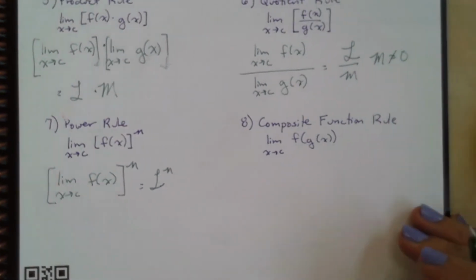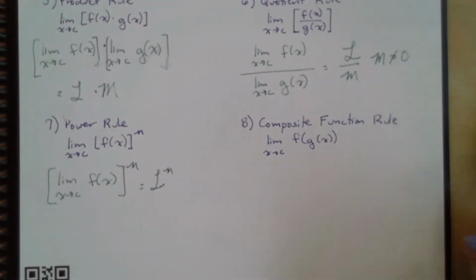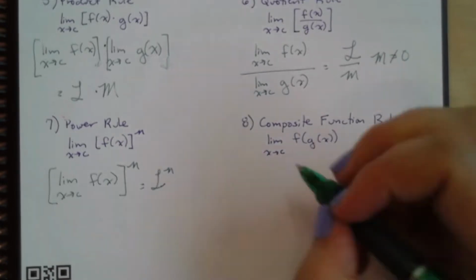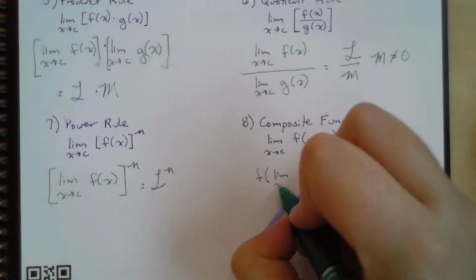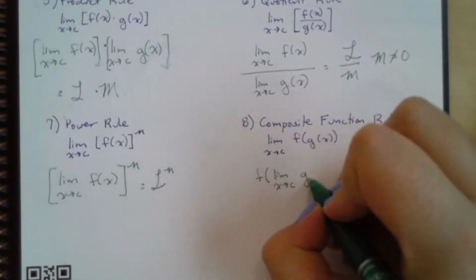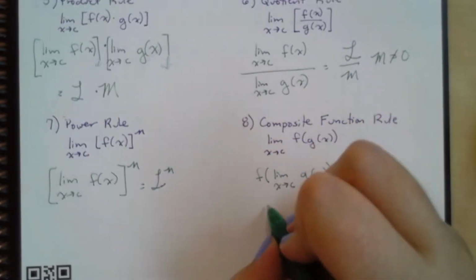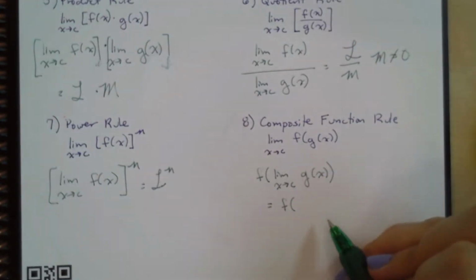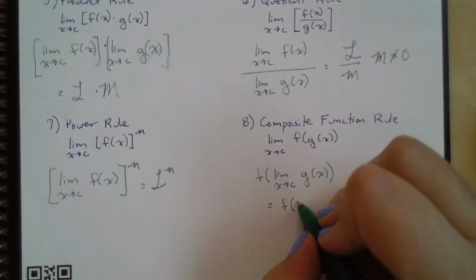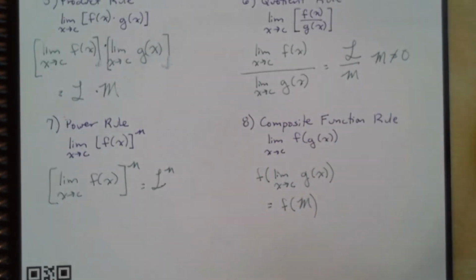And this one's kind of my favorite here, the composite function rule. We can think of this as f of the limit as x approaches c of g of x, which is just going to be equal to f of M, that quantity there.